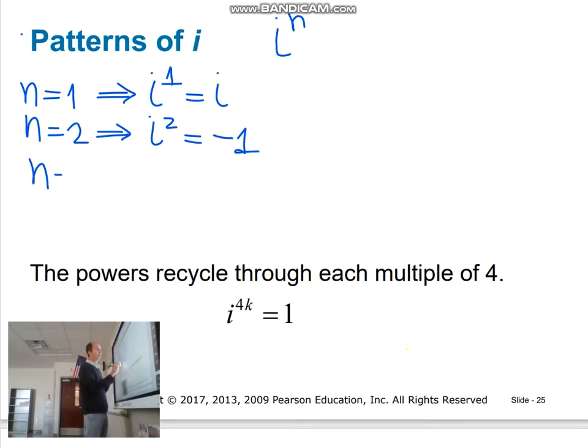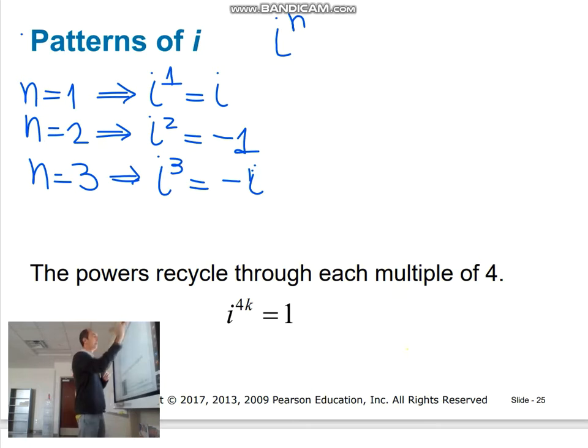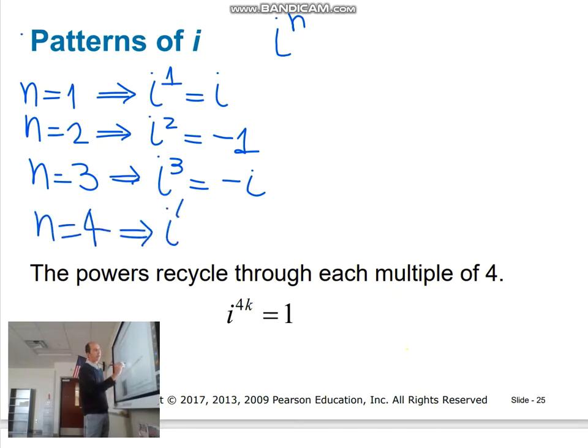If n equals 3, then you have i cubed, which is -i. If n equals 4, then you have i to the 4th, and this is 1. See the pattern? i, -1, -i, and 1.